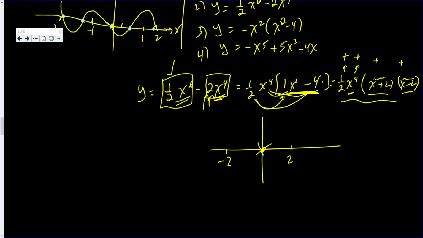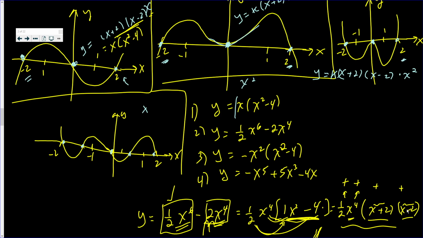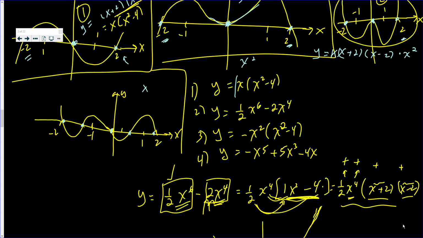Very large minus 2 is positive. It's positive. So it's up here. It comes down and it crosses at 2. It touches at 0 and it crosses at -2. That obviously is this graph. So this is graph number 2. This is graph number 1.